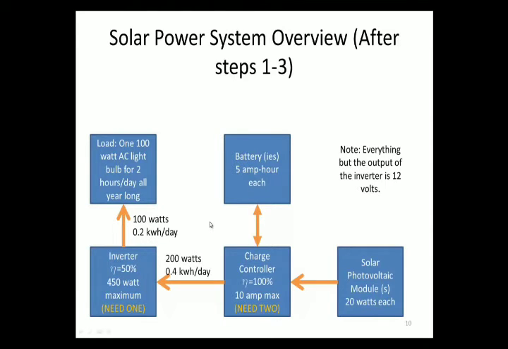So then we also found that when the light bulb's on, the inverter is drawing 200 watts from the charge controller, and the energy it uses coming from the charge controller is 0.4 kilowatt hours per day. So what that means is we need to supply either from the battery or from the solar module that 0.4 kilowatt hours per day. So that's what we're going to talk about next, is how we can do that.